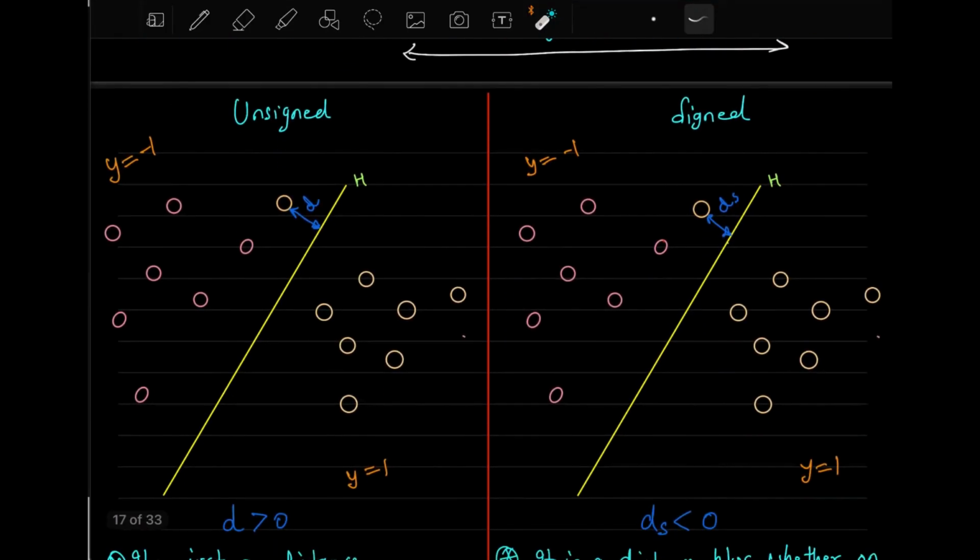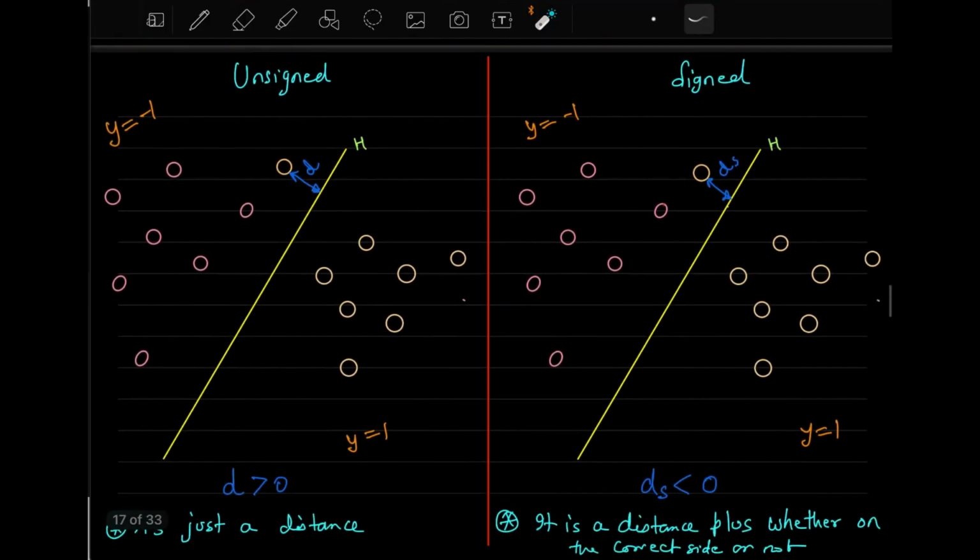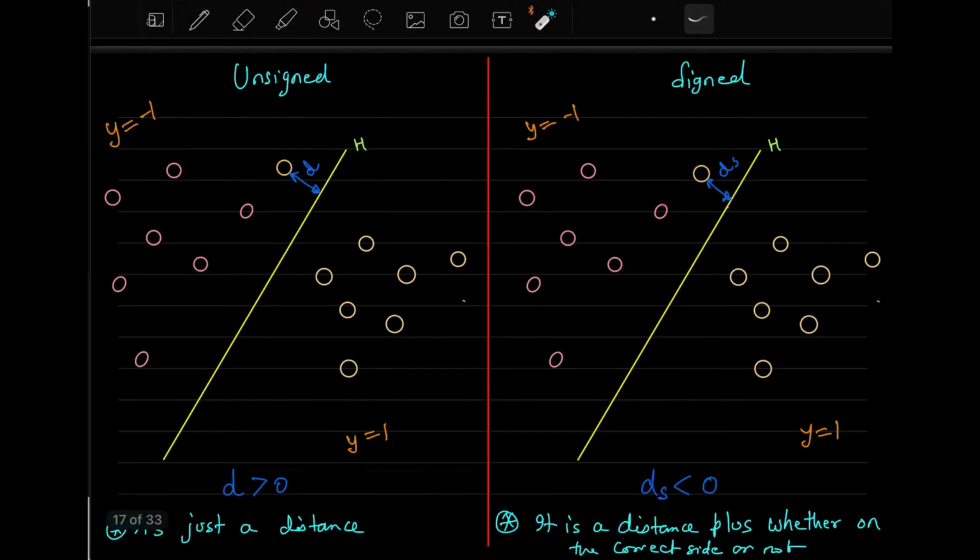In this figure, I am showing you two points, one for the unsigned concept and another for the signed concept. Here, in case of unsigned distance, if your data is misclassified, you see we have a point which actually belongs to this class, but it is misclassified and present here in case of the y equal to -1 situation.